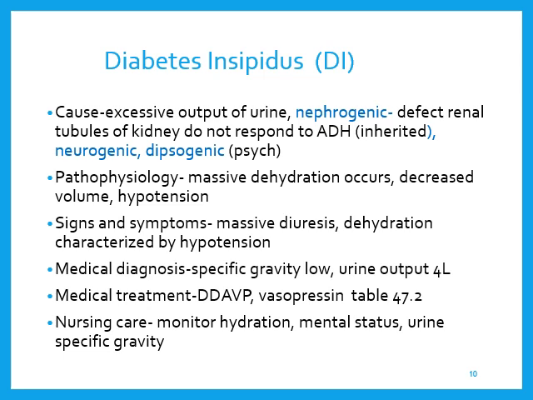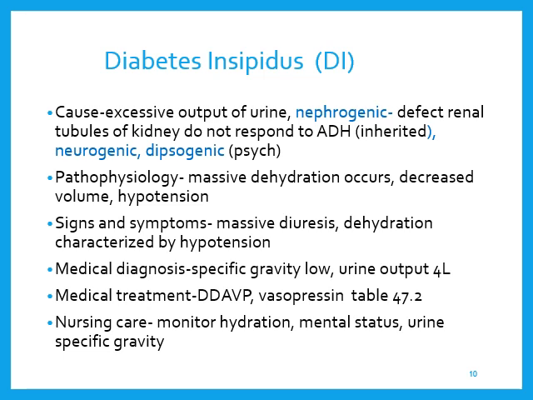Then there's neurogenic DI, which can be a result from a tumor, head trauma, infection, surgical procedure like the hypophysectomy, or sometimes metastatic tumors from the lung or breast. So then let's look at dipsogenic. That is more of a psychological disorder. It's habitual excessive water intake. Dips, like dipping, drinking the water.